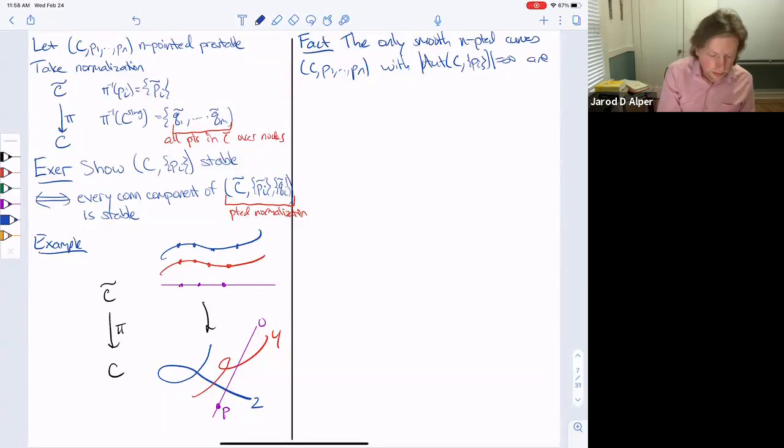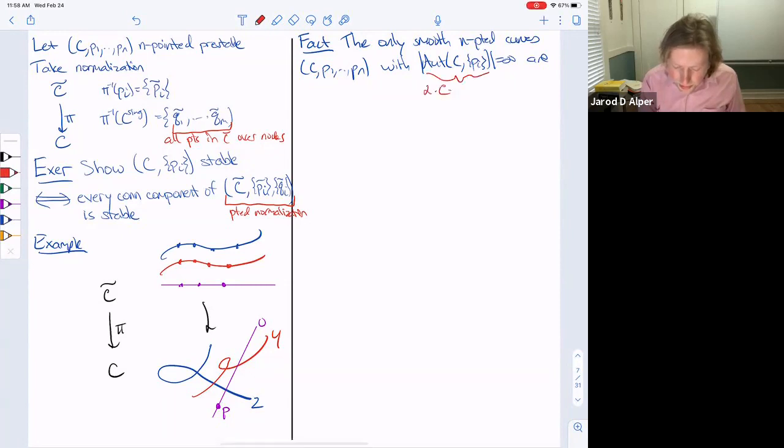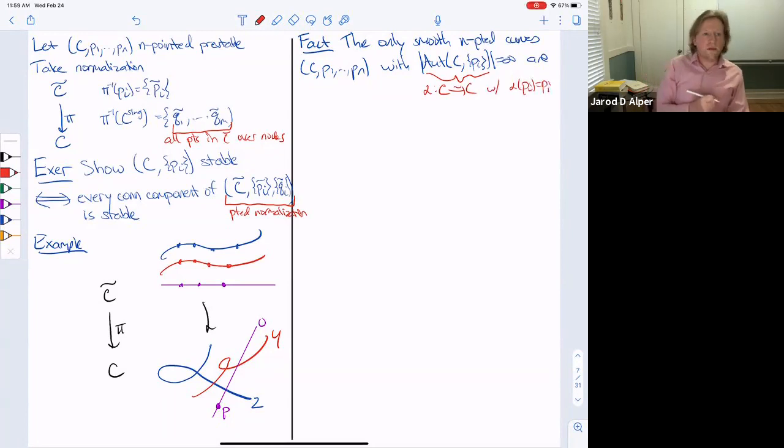Well, first I should tell you what I mean in the pointed case. The automorphisms of C are those that preserve the points. So automorphisms of pointed curves preserve the points and their ordering. It doesn't move around the p_i. It fixes each p_i.